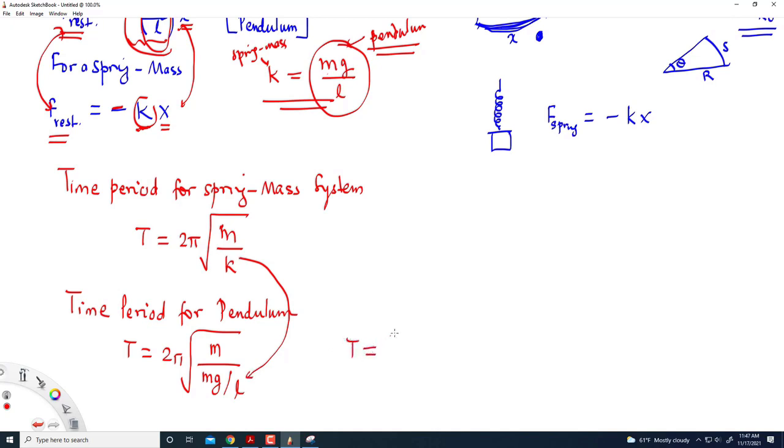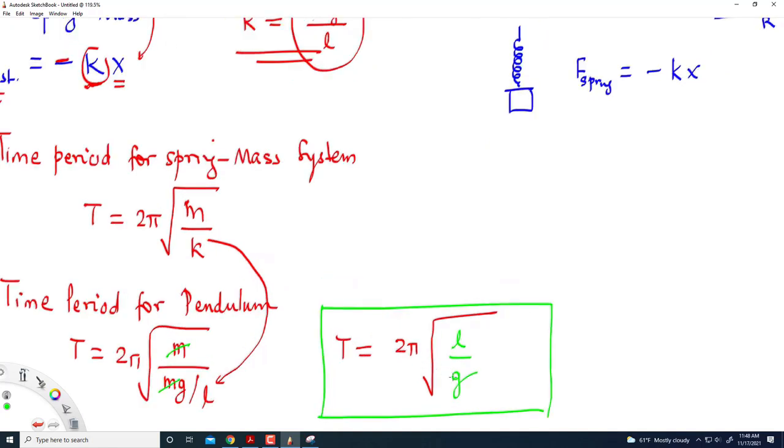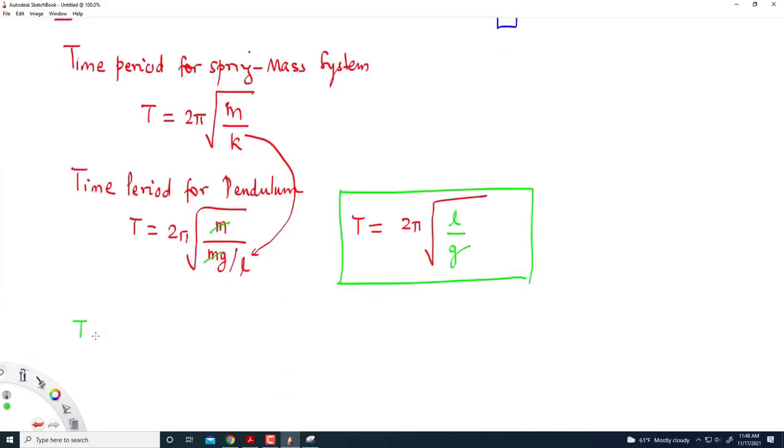So the time period for the pendulum is 2 pi, cancel mass and mass, square root of L over g. Now what you can see from this formula is that there is no mass in it. Unlike the spring mass, where the time period depends on mass, this time period doesn't depend on mass.